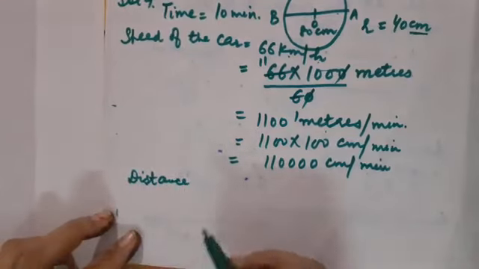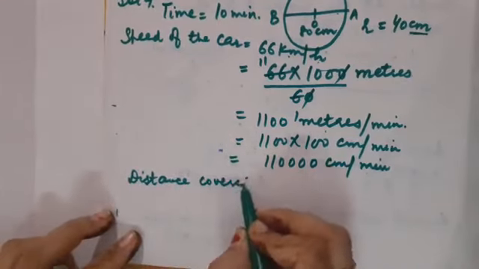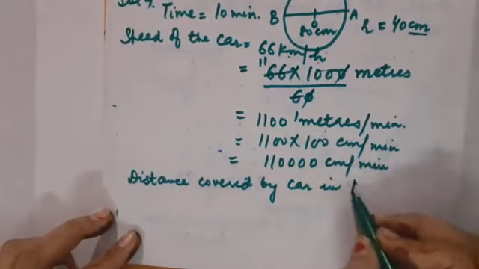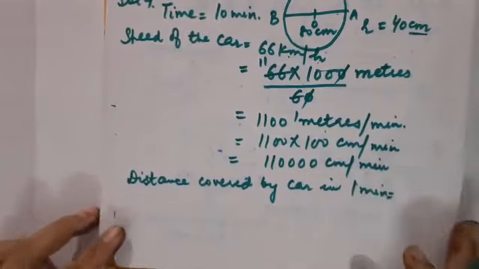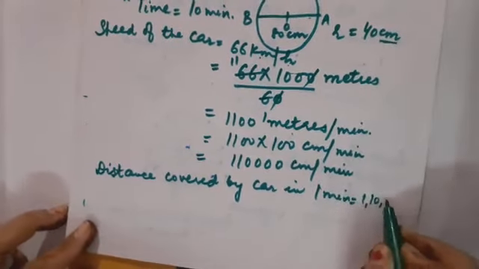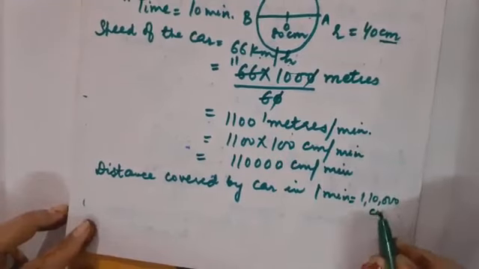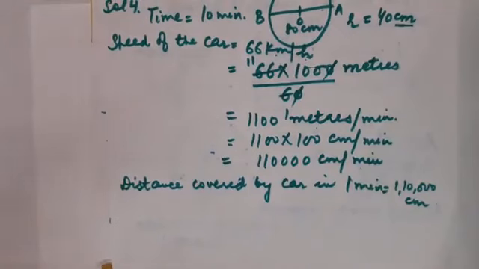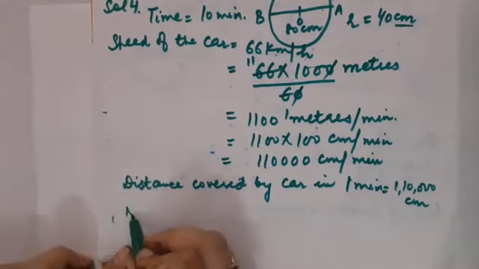You can call it total distance also, covered by car in 1 minute is equal to 1,10,000 centimeters. Got it?